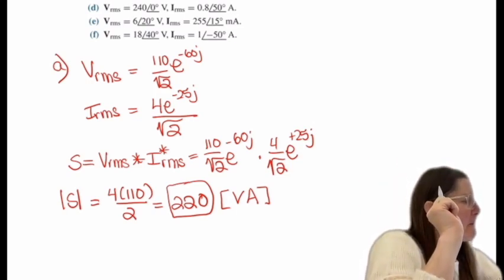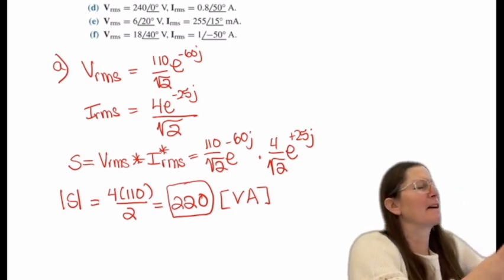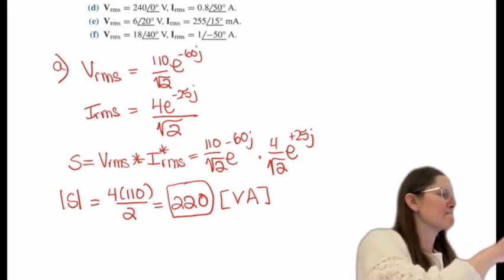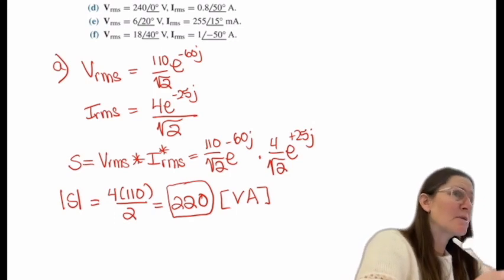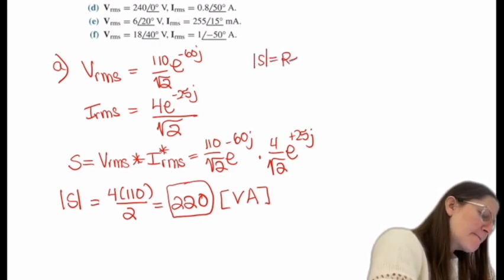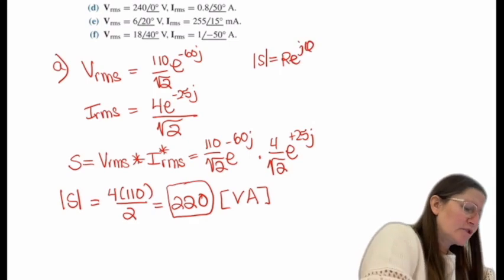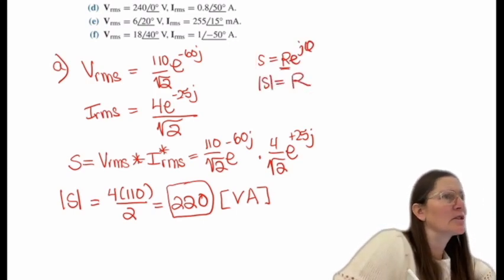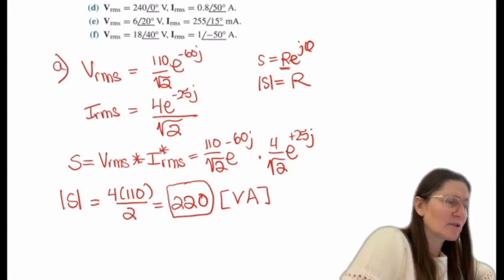Remember, magnitude is just the number. So it's just R. The magnitude is just the R value, so in this case it will just be the magnitude in front.